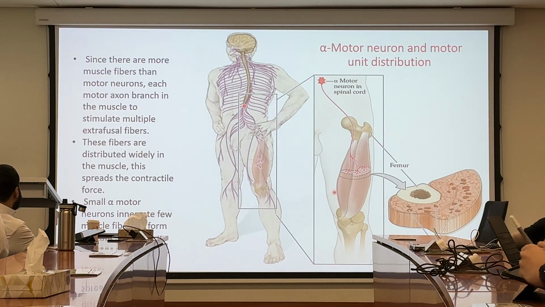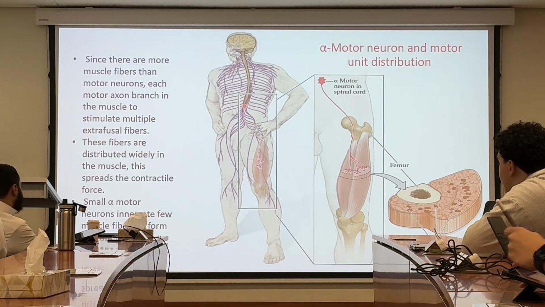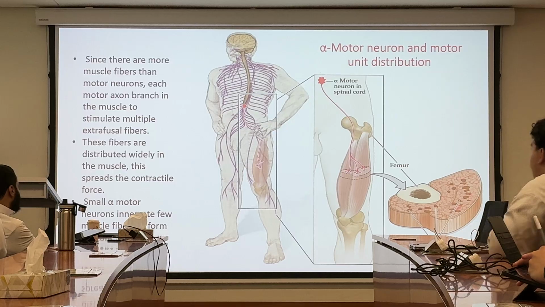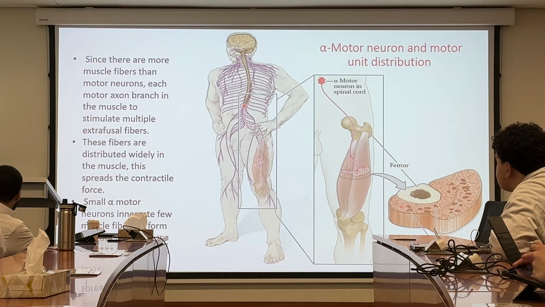Again, just to represent that, you've got the spinal cord, the brain, and the motor neuron or the ventral horn coming to the muscle here. You then blow up that muscle, there we are. One motor neuron, or alpha motor neuron, innervates all of these fibers, which are now shown in darker colors here. Notice that that one motor unit is distributed in the entire muscle.